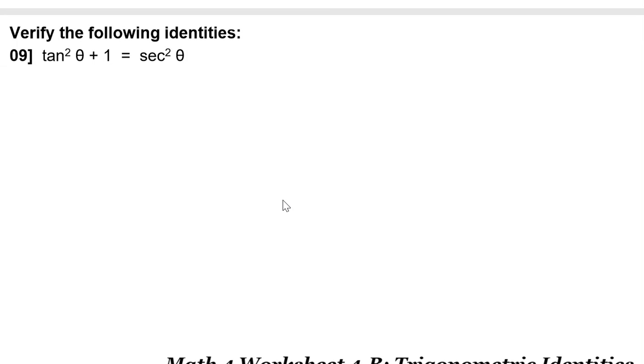Okay, tan squared plus 1 equals secant squared. Well, let's take the tan squared plus 1. And if we're going to try and put those together, we're going to have to do this.